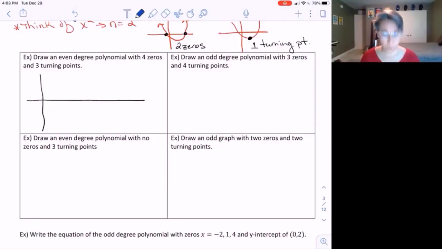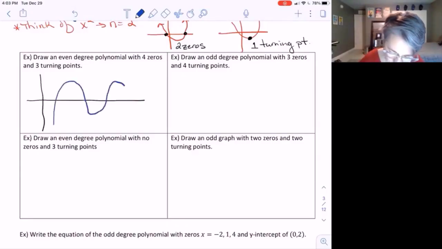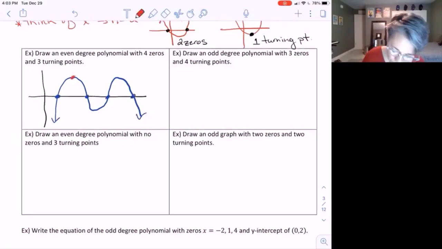So if we need 4 zeros, there's 1 x-intercept, 2 x-intercepts, 3 x-intercepts, 4 x-intercepts. Okay, and it's even, it's going in the same direction. So there's our 4 zeros with 3 turning points.